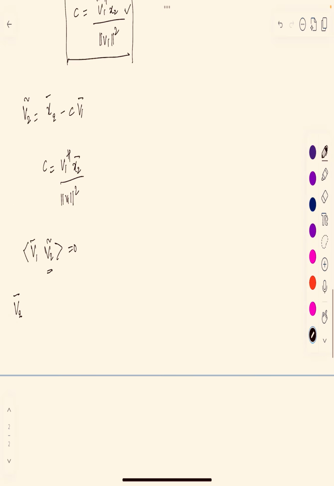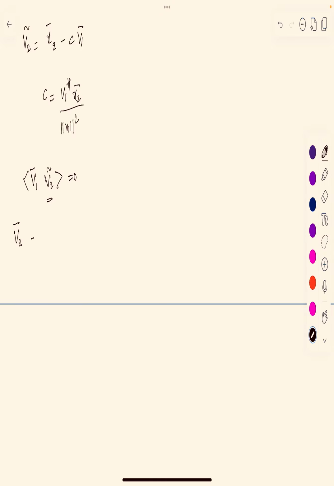If I normalize, if I define the variable V2 bar as the normalized version of V2 tilde, that is V2 tilde by the norm of V2 tilde, then whatever result we just put, which is the inner product of V1 bar and V2 tilde, immediately implies it. In fact, it implies both sides: the inner product of V1 bar and V2 bar.